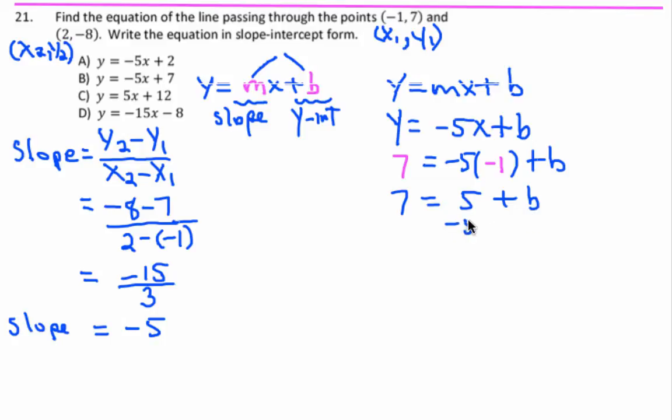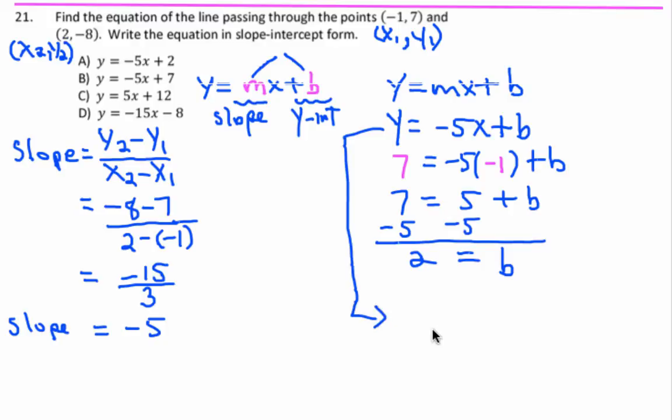We'll subtract 5 from both sides, and we'll get b equals 2. So the equation that they're looking for in slope-intercept form is y equals negative 5x plus 2. So that corresponds to choice A.